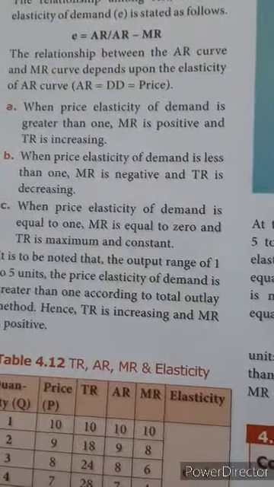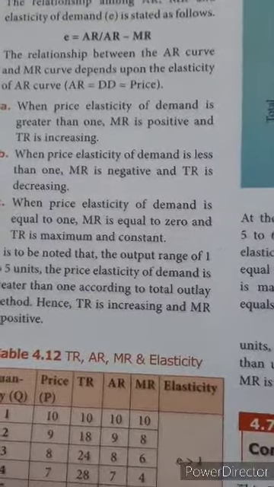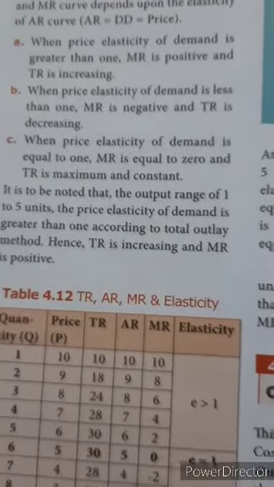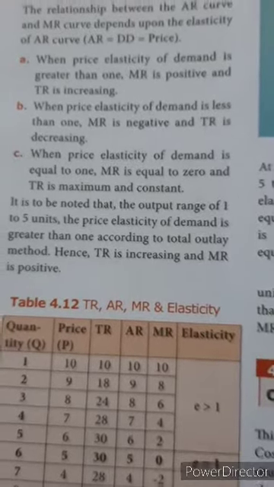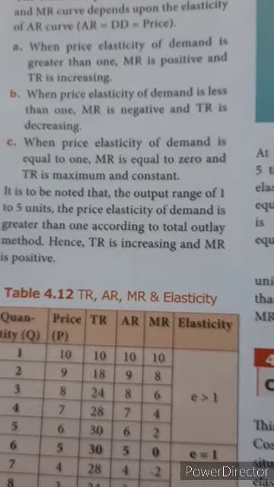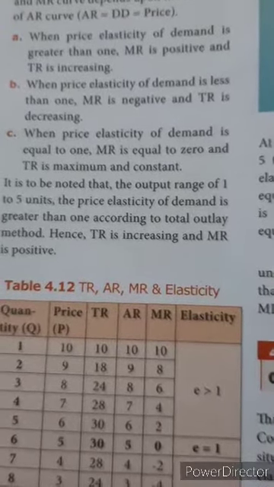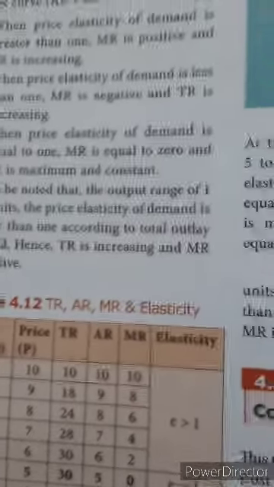When the price elasticity of demand is greater than 1, MR is positive and TR is increasing. Now we studied, no, MR is positive, total revenue will increase. That is, elasticity of demand is greater than 1. When demand is less than 1, MR is negative and TR is decreasing. When the demand is equal to 1, MR is equal to 0 and TR is maximum and constant. That we studied, isn't it?